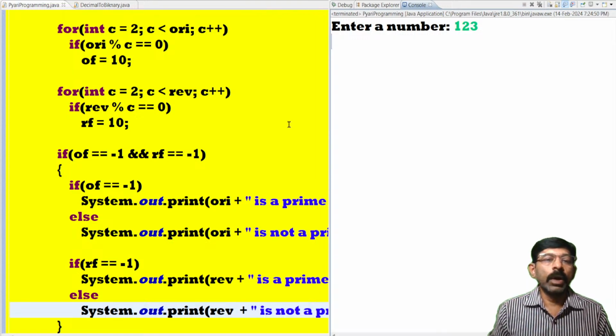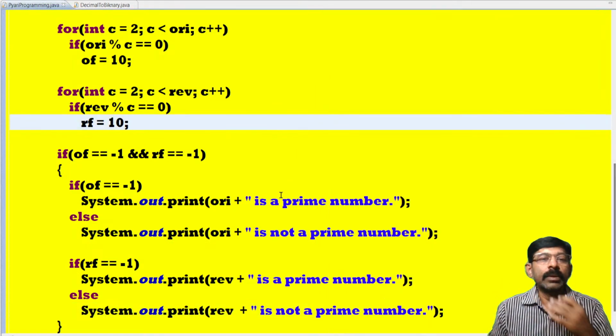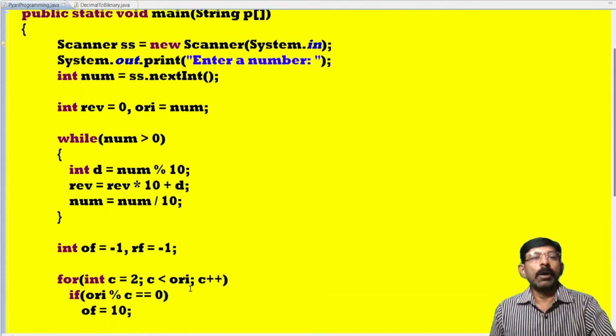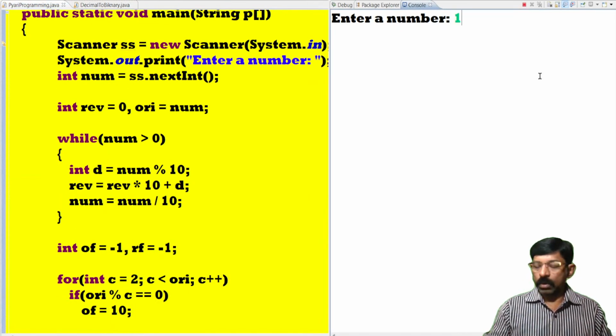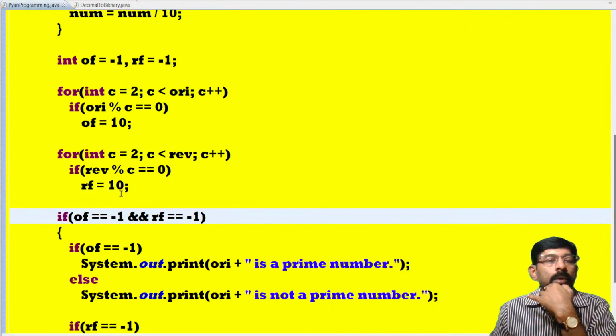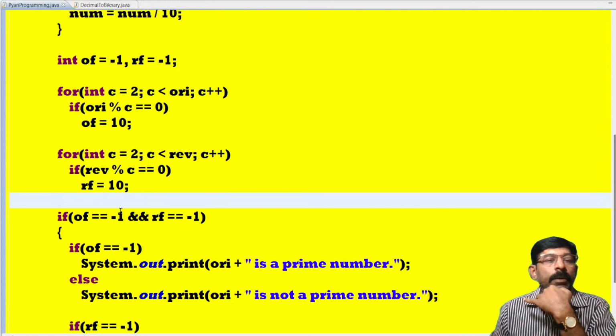I think we got a problem somewhere, did I change something? If it is true, try reverse. 123 is not giving any output. We got RF equal to 10.